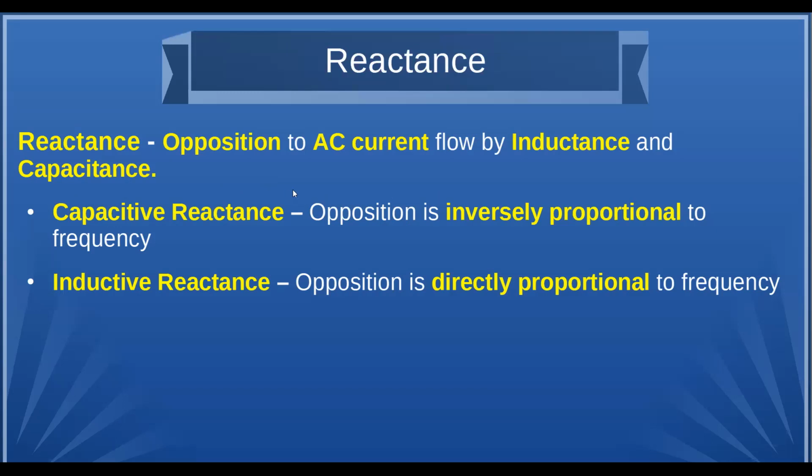And we define reactance as, and this is a test question, the opposition to AC current flow by either inductance or capacitance. And if you remember, we define resistance as the opposition to current flow. It doesn't matter whether it's direct current or alternating current.